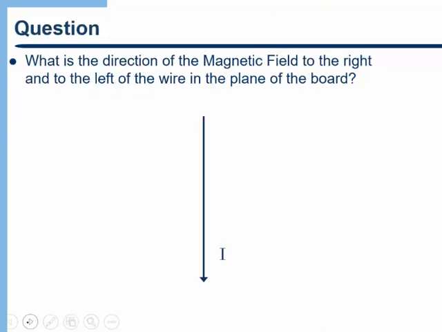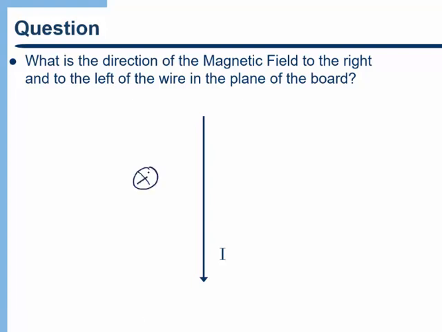Let's take a look at another question. It says, what is the direction of the magnetic field to the right and to the left of the wire in the plane of the board, or the plane of the screen? So here, put your thumb in the direction of the current, and notice that if your fingers are to the left of the screen, they're pointing in, hitting the screen.